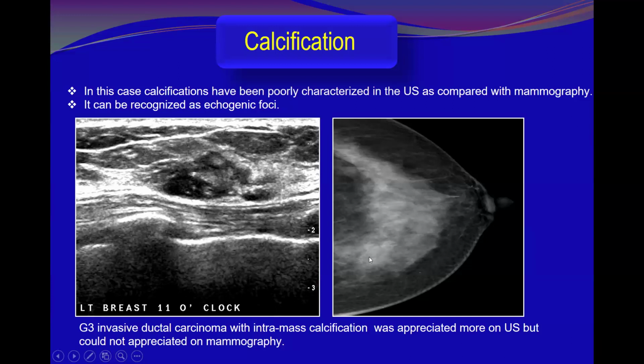Ultrasound corresponding to the asymmetry demonstrates this parallel but irregular heterogeneous mass with intramass microcalcification. Again, microcalcification is appreciated on ultrasound more than on mammography, because the mammogram was dense.